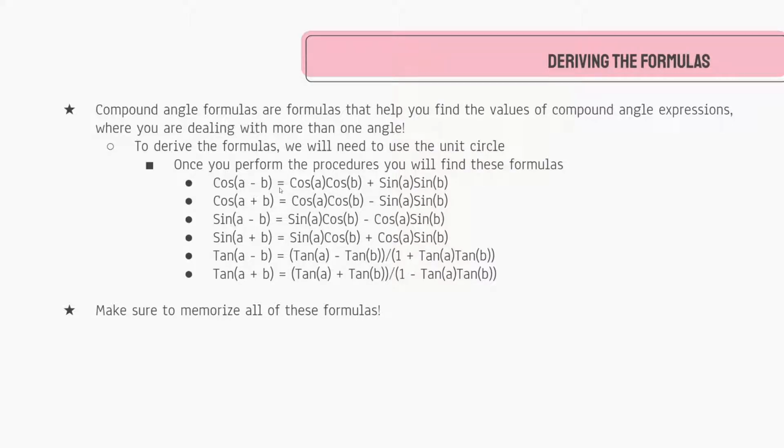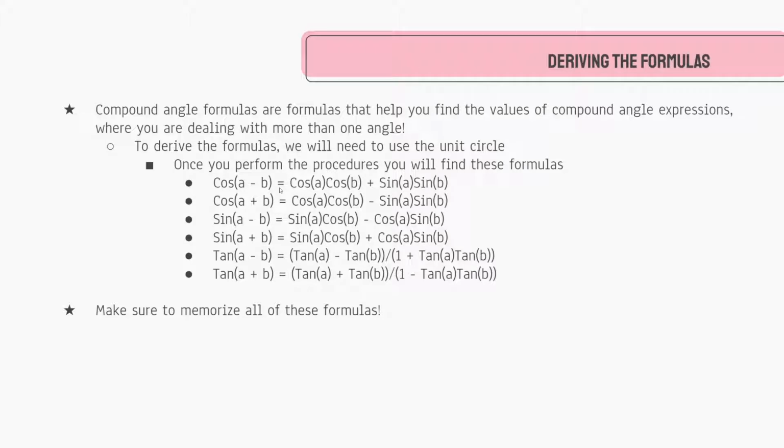The way you find the formulas is through the unit circle. Everything we do in the trigonometry unit will revolve around the unit circle in some form. However, don't worry, I will explain it to you. Compound angle formulas are the formulas that will help you find the values of compound angle expressions. Those are the expressions where you have more than one angle.